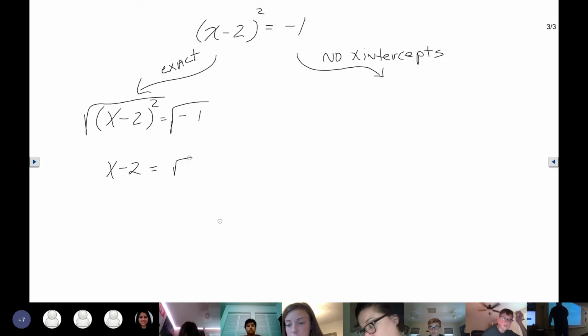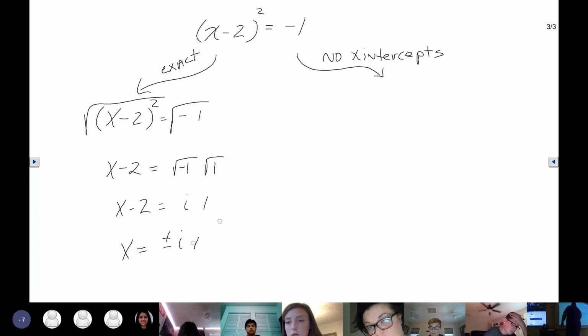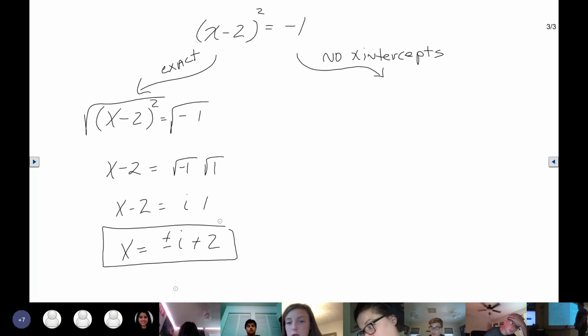Factor out the negatives, so that's square root of -1 and square root of 1. The square root of -1 is i, and square root of 1 is 1. So x is equal to 2 positive or negative i. So that's your exact answer.